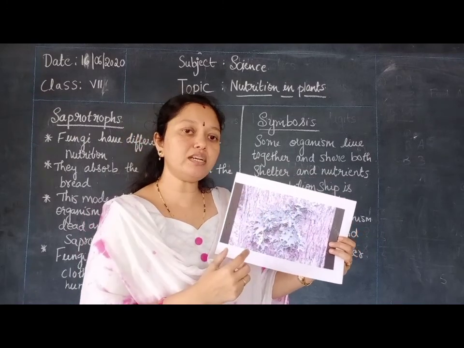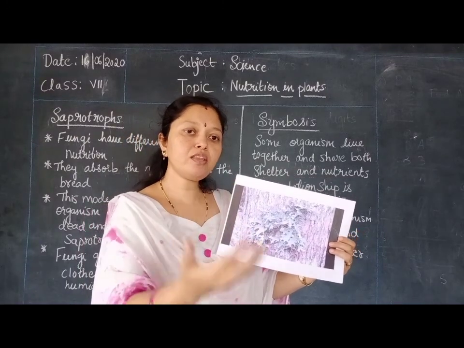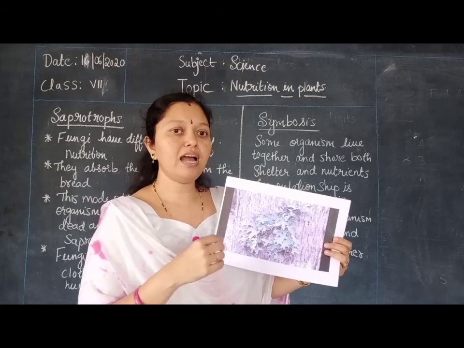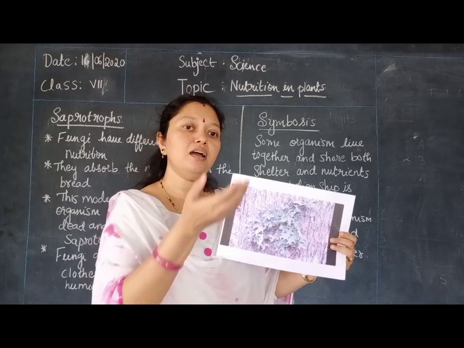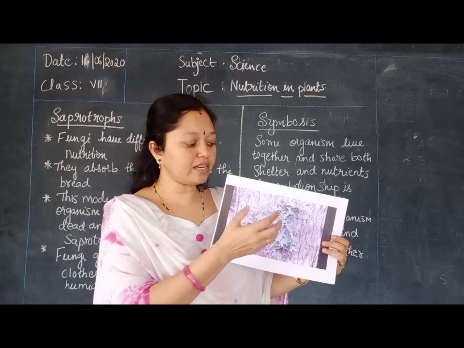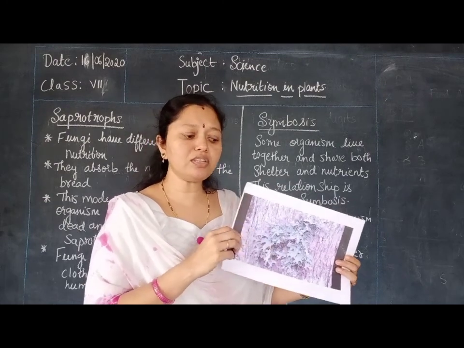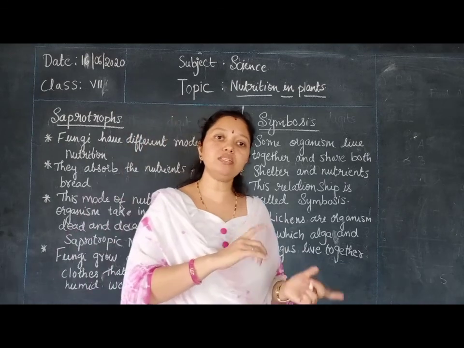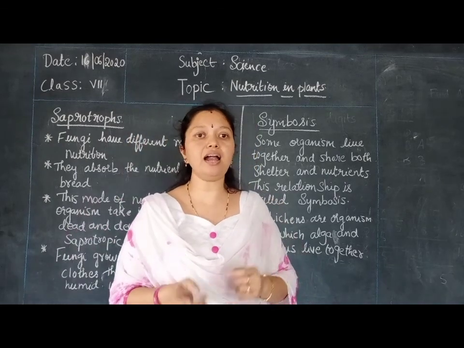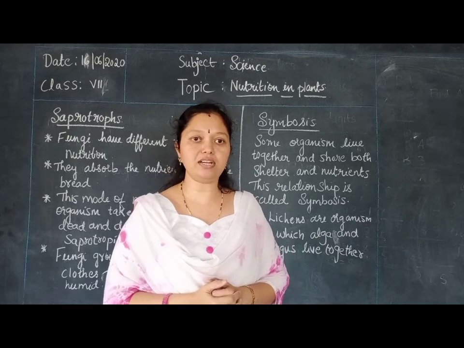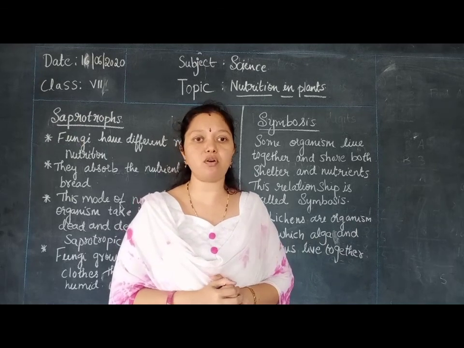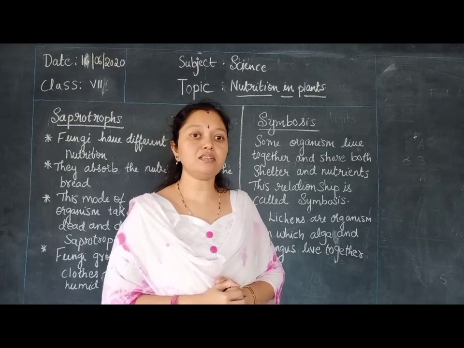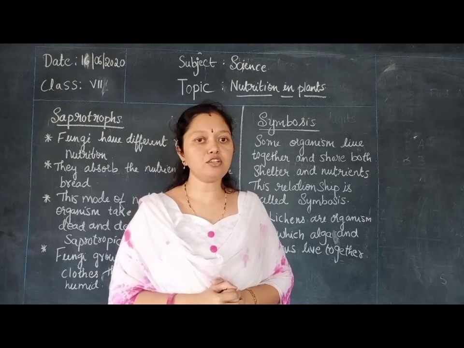The alga gives food for the fungus, and the fungus provides the shelter and nutrients required for the alga. They depend one upon the other for survival, both the alga and the fungus. This relationship is called symbiosis. Understood, children?